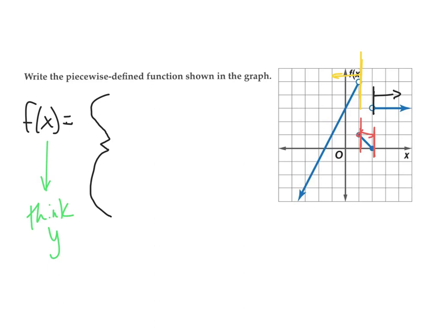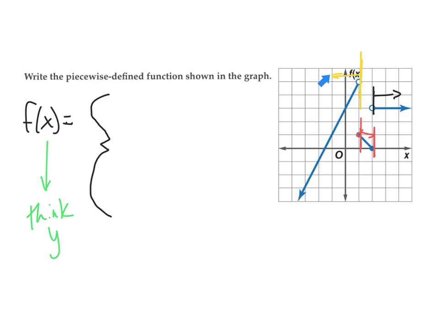So let's look at each piece at a time and write each boundary one at a time. Okay? And we'll start with the yellow boundary. What x value goes with this yellow line? 1. So the line, if I extended this yellow line, it would be x equals 1. Okay? It's an open circle, and it goes to the left.